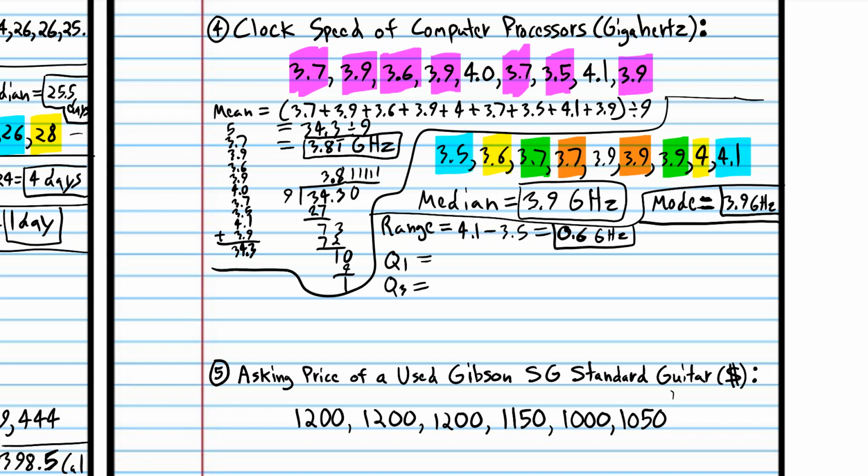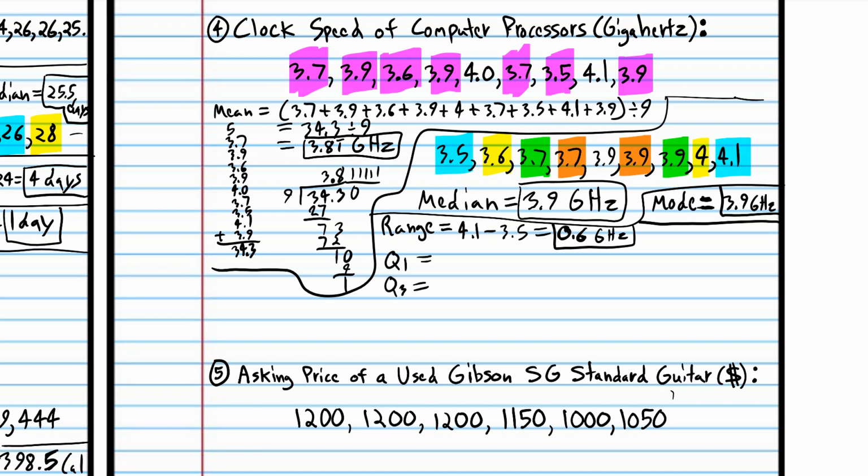And the median of the first half of the data is the middle of the first half of the data. But the problem is there is no middle. So we have to find the mean of these two inner numbers. So we just add them up and divide by 2, because that's how you find the mean. You take the numbers, add them up, and divide by the number of numbers. There's 2 numbers in the middle of the first half of the data.